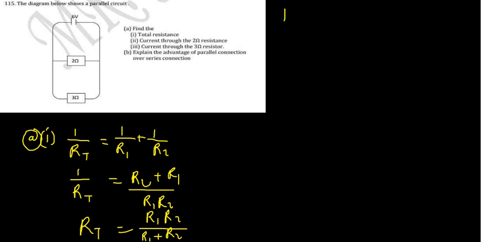Therefore, R total is going to be R1, which is 2, multiplied by R2, which is 3, then divided by R1 plus R2. This is going to give us 6 over 5, which is 1.2 ohms. Is that okay?